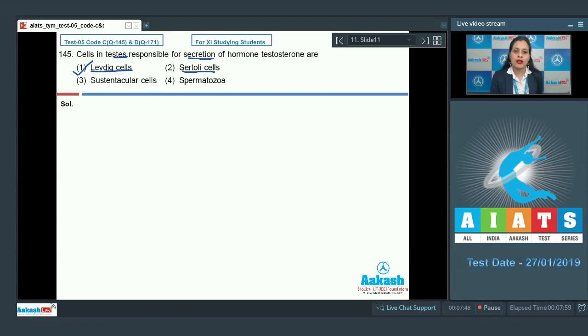The next option given is Sertoli cells, and this is an incorrect option because Sertoli cells, which are also known as sustentacular cells, are the cells responsible for the release of androgen binding protein and inhibin. And the last option is spermatozoa, and this is also an incorrect option because spermatozoa formation requires testosterone, and these are not the cells responsible for the secretion of testosterone. So the correct answer to this question is option number 1. Let's proceed to the next question.